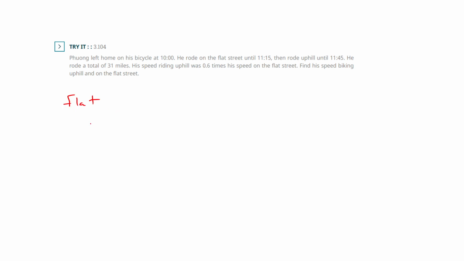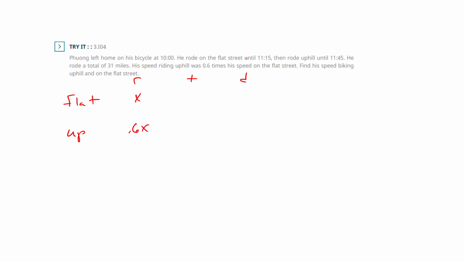So he's going on flat, and sometimes he's going uphill. My rate, time, and distance. He's going to be slower going uphill, which would mean 0.6 times x. That would slow him down. Now let's figure out his time.